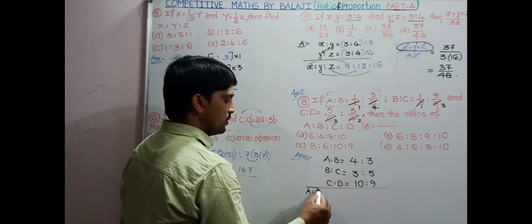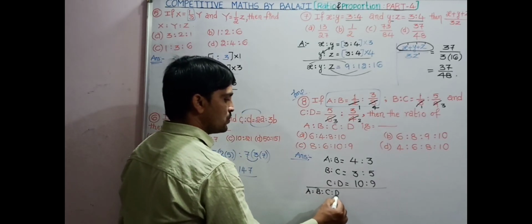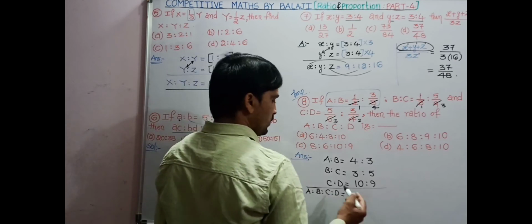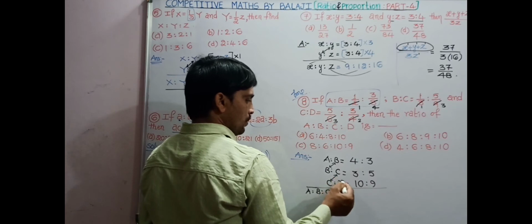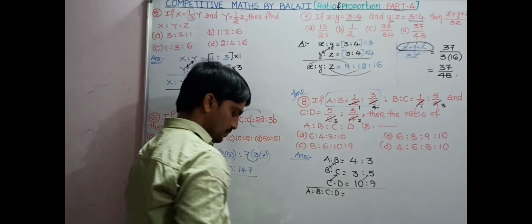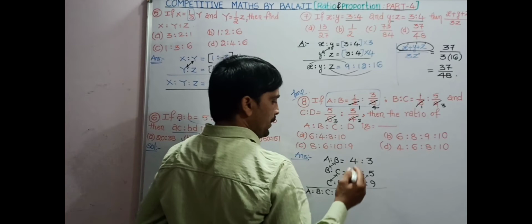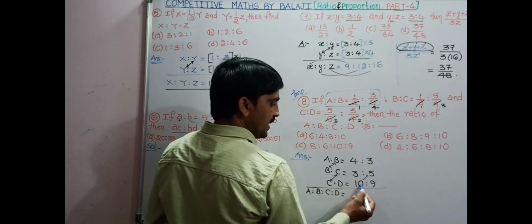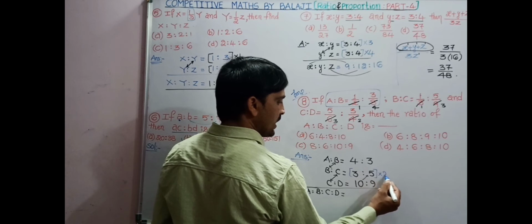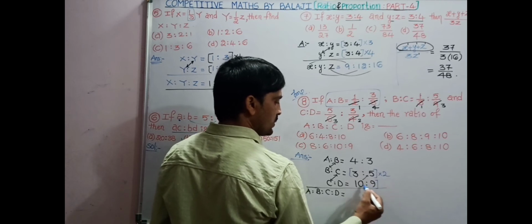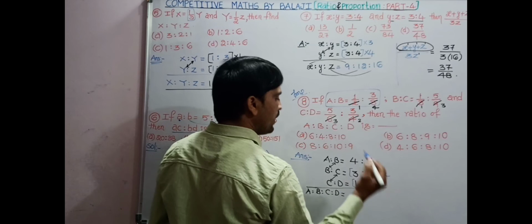We have to find A is to B is to C is to D. But see, the connecting terms are B and C, but the C values are not equal. To make it equal, the LCM of 5 and 10 is 10. So to make it 10, we have to multiply the second ratio by 2 and the third ratio by 1.